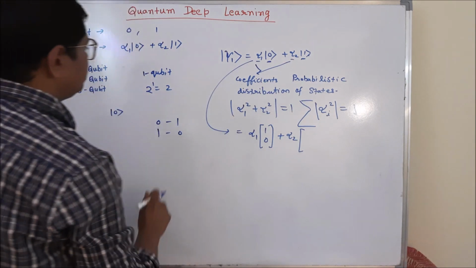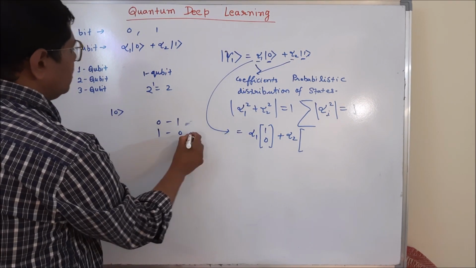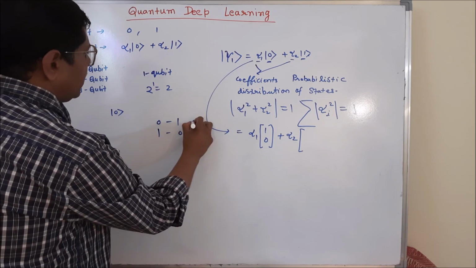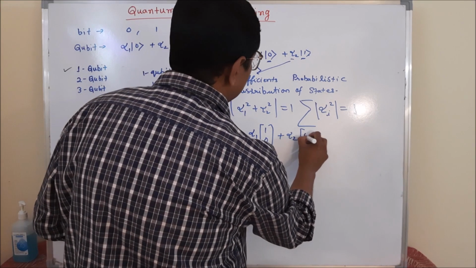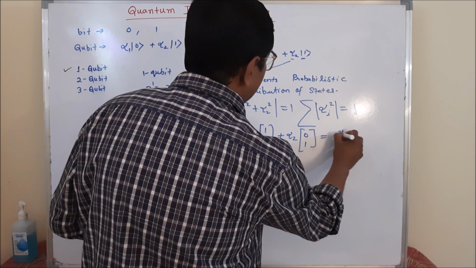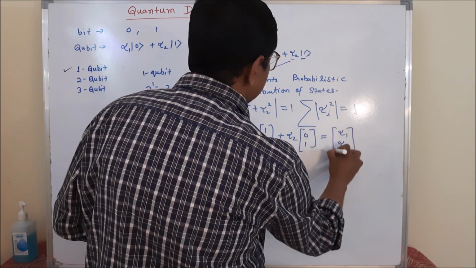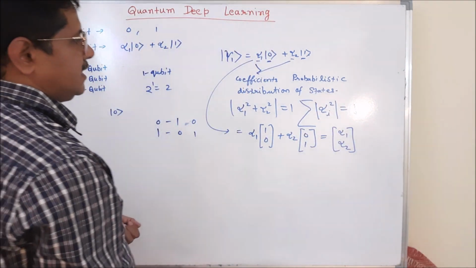Now 1 is there. So what will you do here? Here we will use 1 and here we will use 0. So it will be like this. When we solve it further, it will be equal to alpha 1, alpha 2. Do you know what we call this?